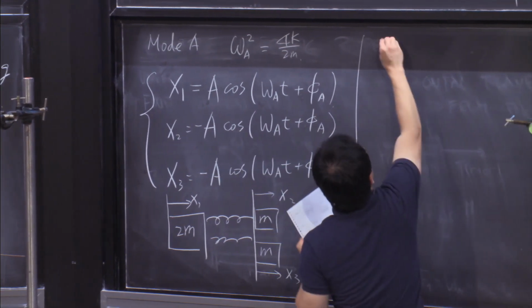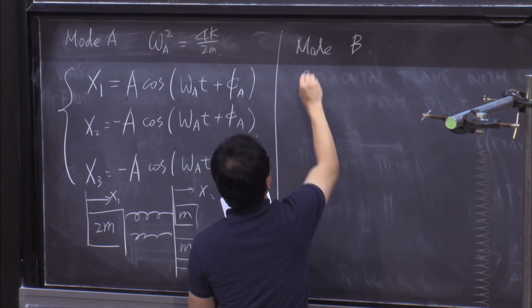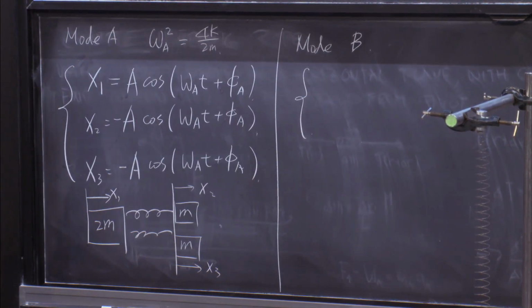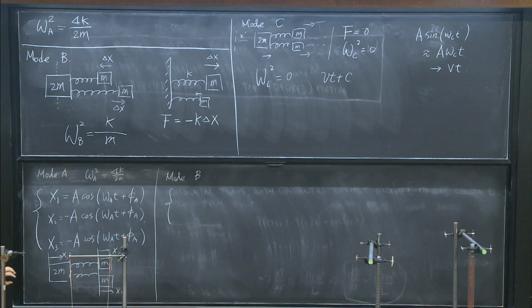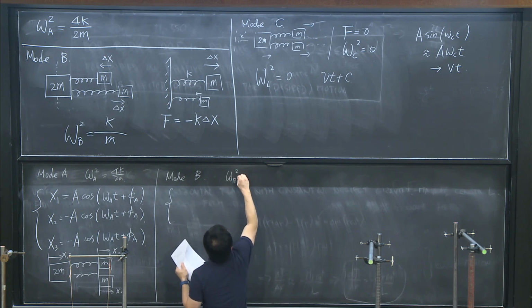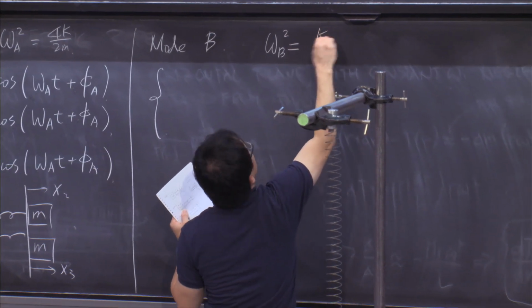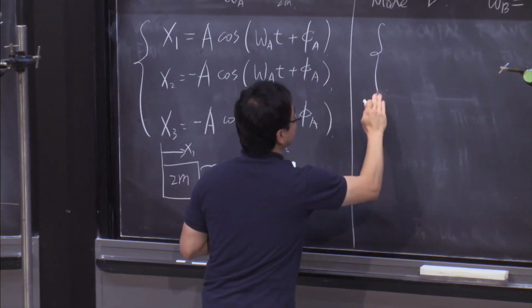Of course, we can also write down what we get for mode B, right? For mode B, the left-hand side mass is not moving, it stays put, and the other two masses are oscillating at the frequency of omega B, and the amplitude, they actually differ by a minus sign, okay? Omega B squared is equal to K over M from that logical argument.